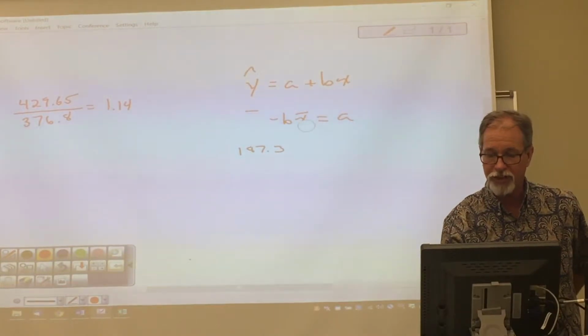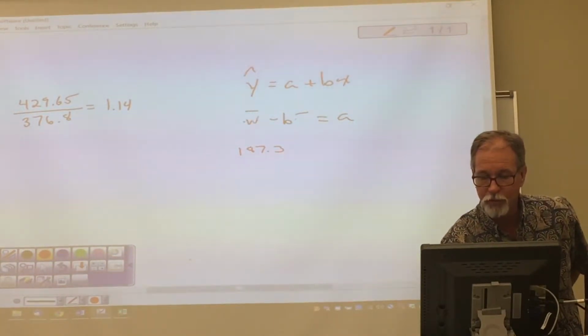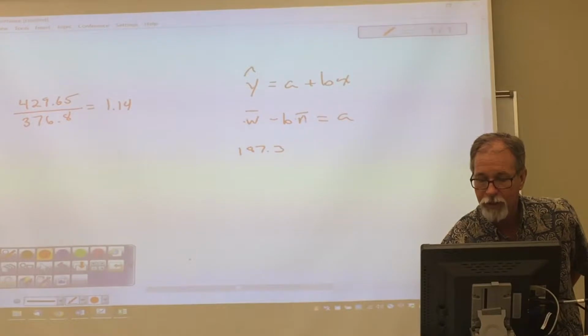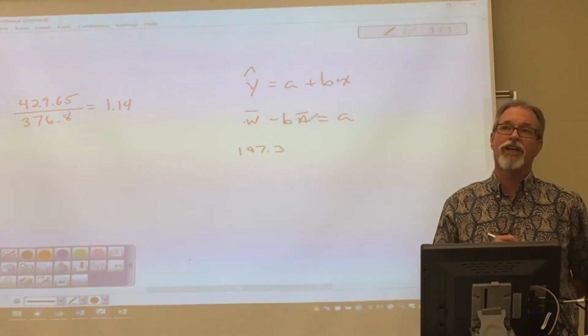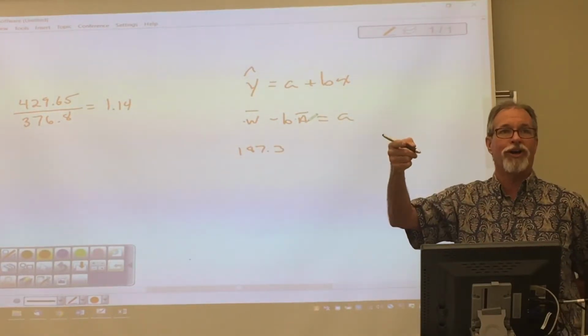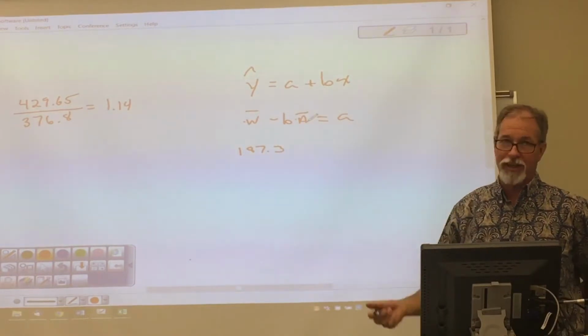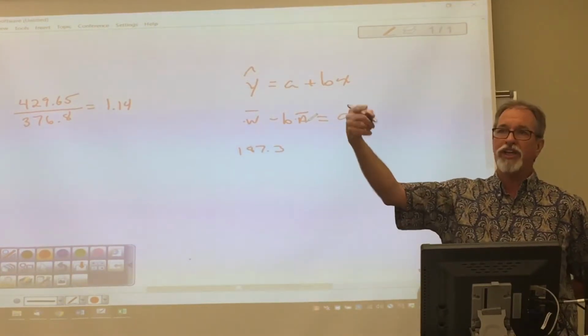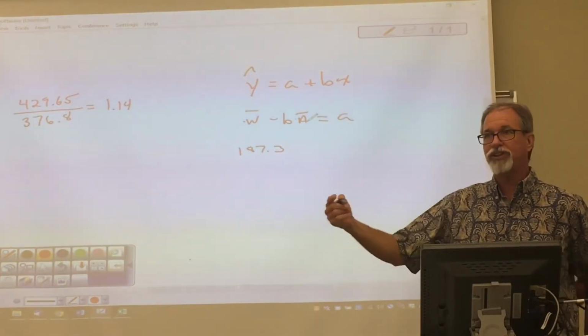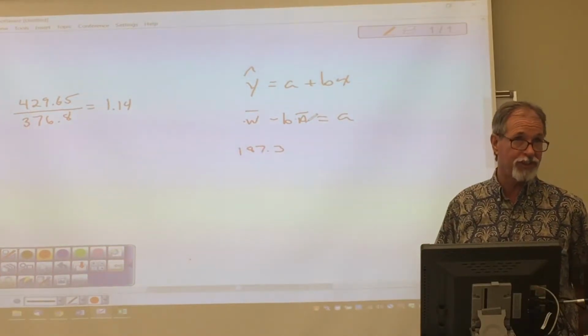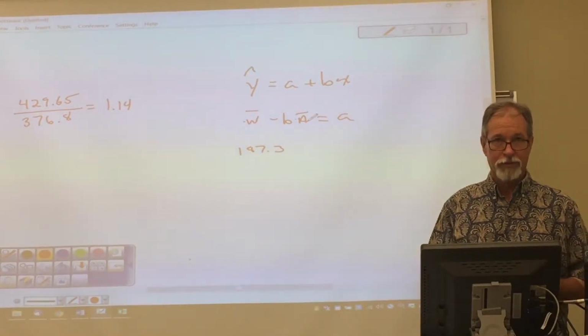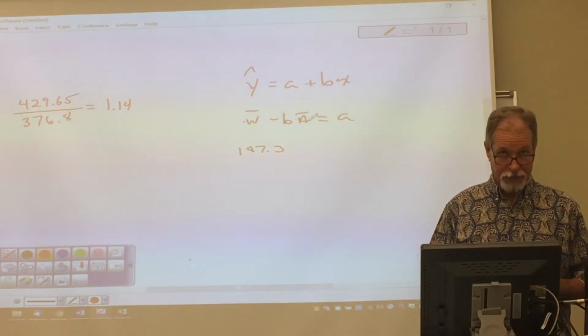So it's the mean of the weight minus B times the mean of the age. So the Y bar is the dependent variable. Correct.